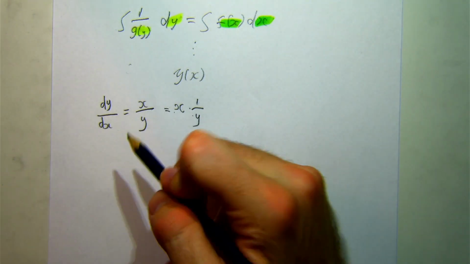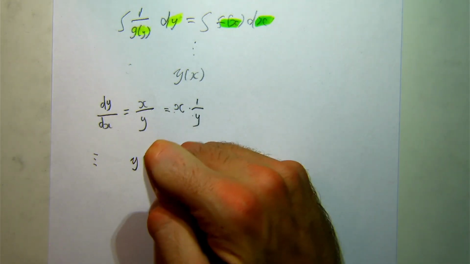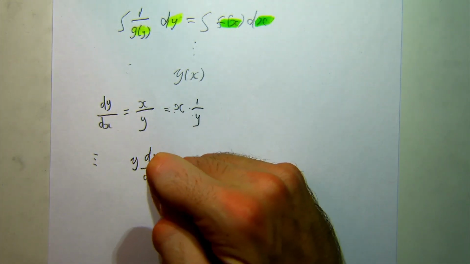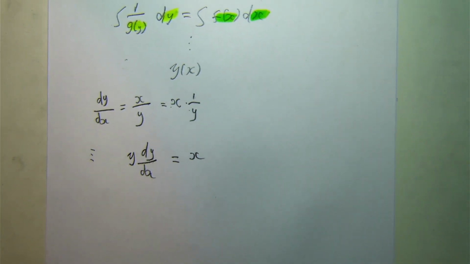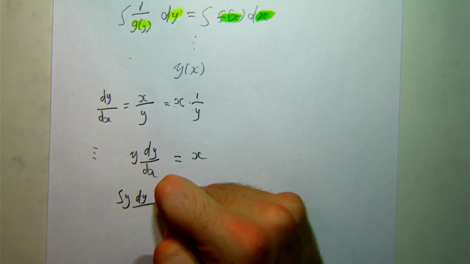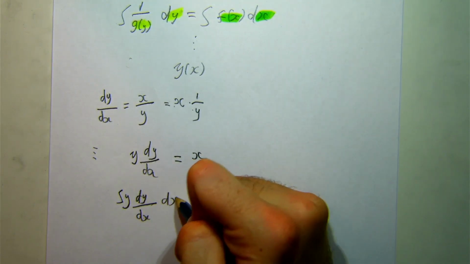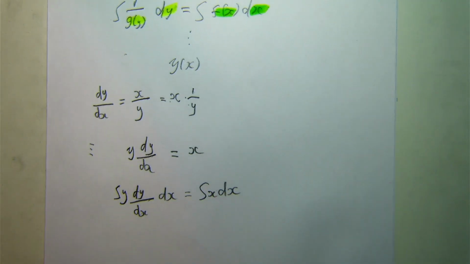So this ODE is equivalent to y dy on dx is equal to x, and then integrating both sides with respect to x gives us this.